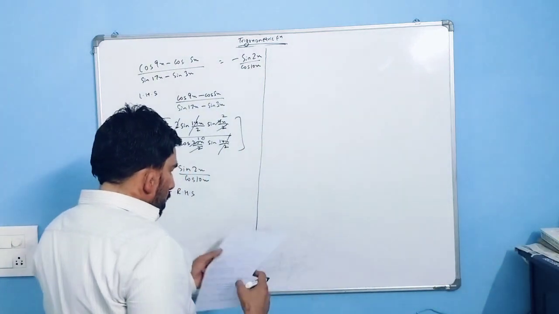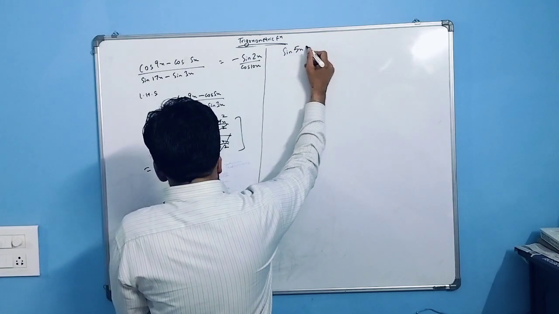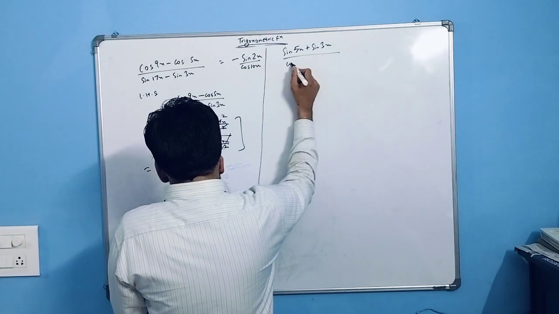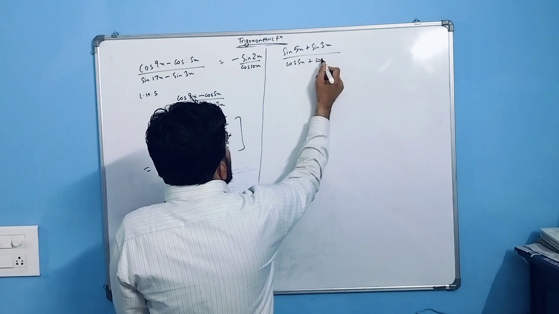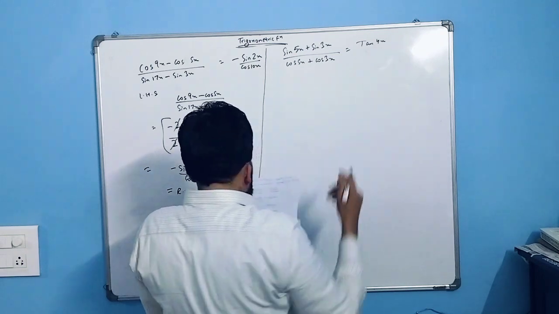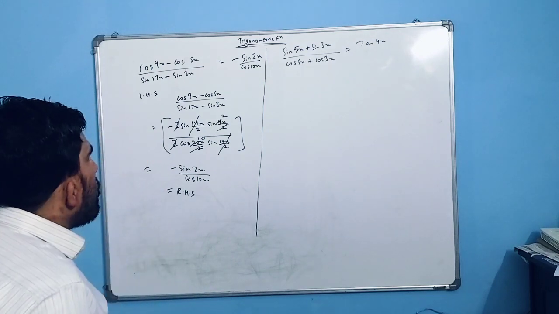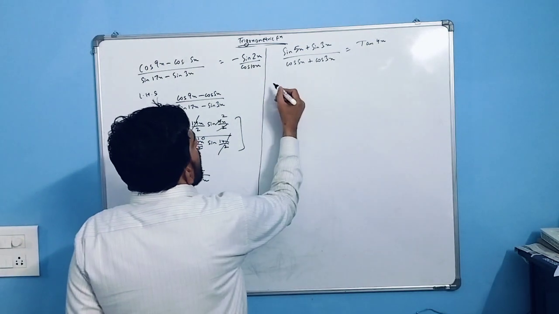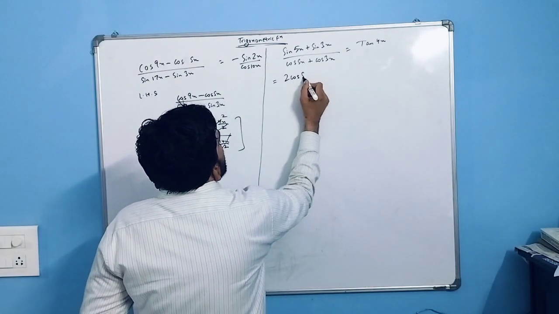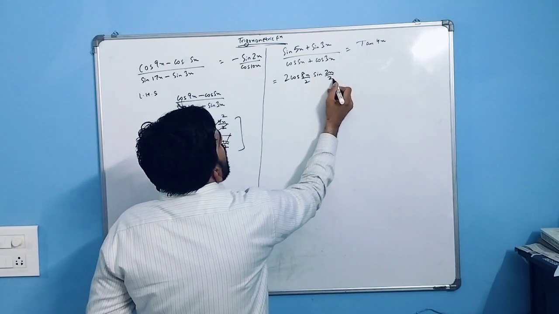Now the next numerical which we have is (sin 5x plus sin 3x) upon (cos 5x plus cos 3x) is equal to tan x. Okay, let us see how we can solve. We'll apply the identity sin x plus sin y, that is 2 sin of (x plus y) by 2 cos of (x minus y) by 2.